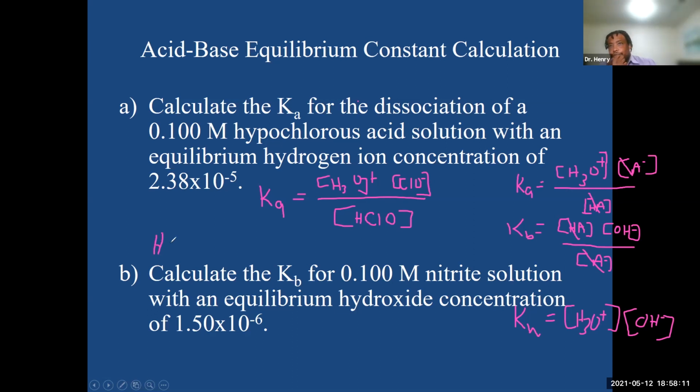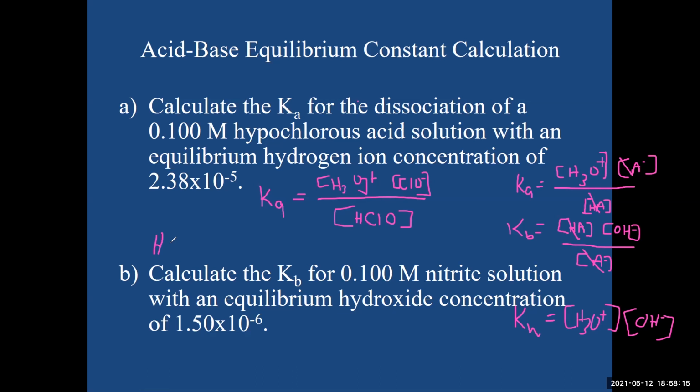HClO? I was going to look it up on my polyatomic ions because I knew it was just one less oxygen. Chlorate is ClO3, chlorite is ClO2, and then hypochlorite is ClO.